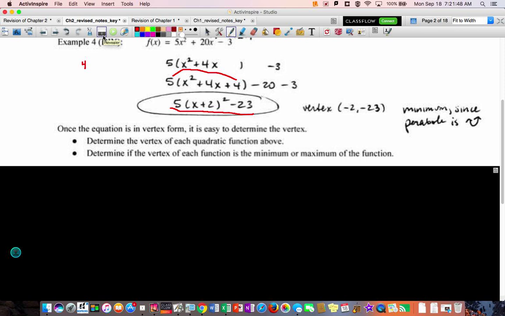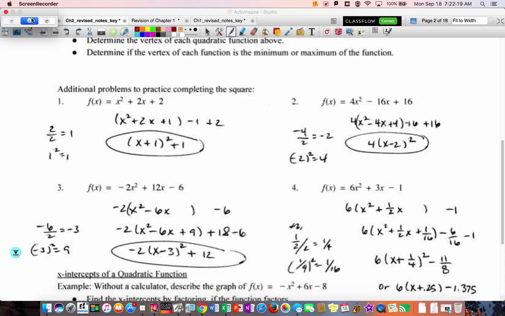All right, the next examples 1, 2, 3, 4. They're all DIYs, so if you want some more practice, pause the video now, practice those 4, and then come back and look at the answers. So you can see the 4 answers and some of the work.